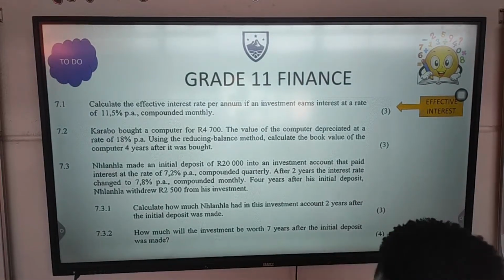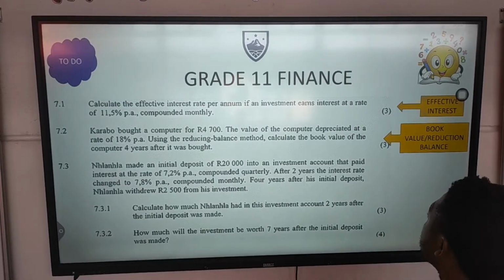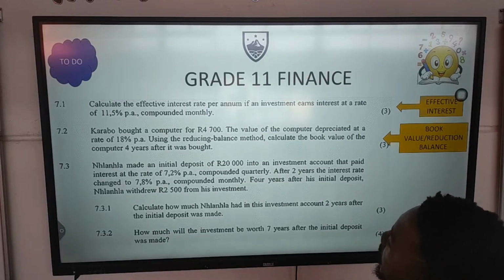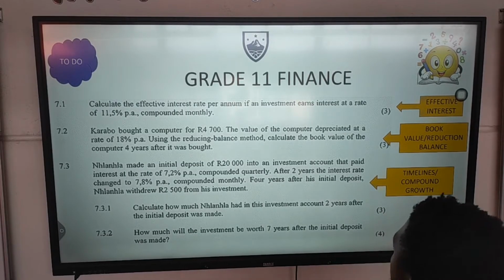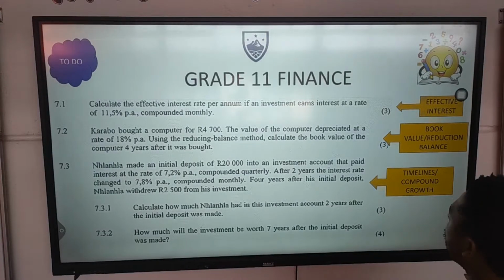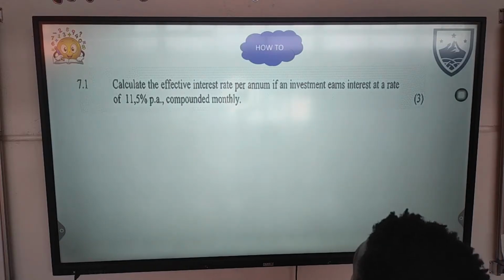And then we'll also be doing your book values, using your reduction balance, and then we'll move into timelines using the compound growth, and then let's jump straight into it.